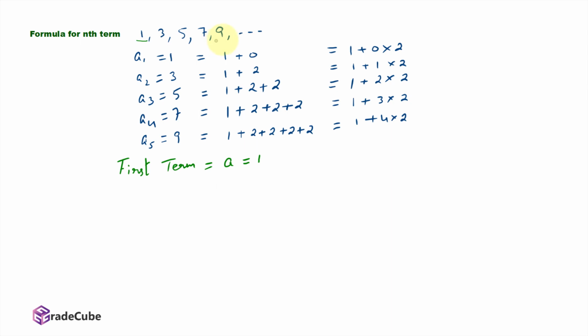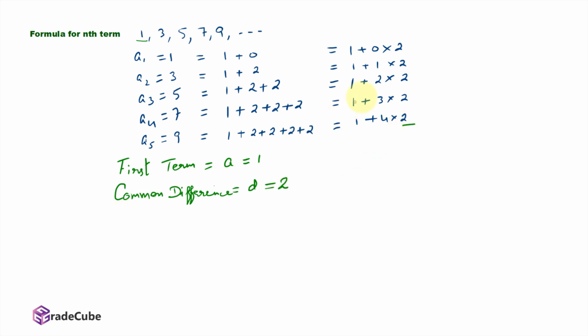This is nothing but the difference among these consecutive terms. This difference is called common difference. It is generally taken as small d, and here the common difference is 2.